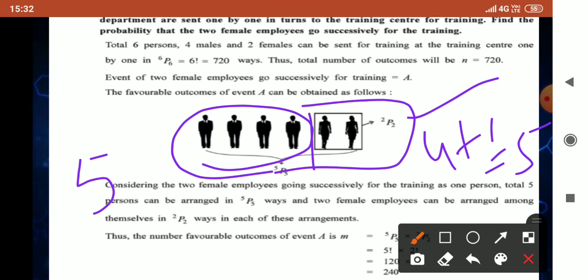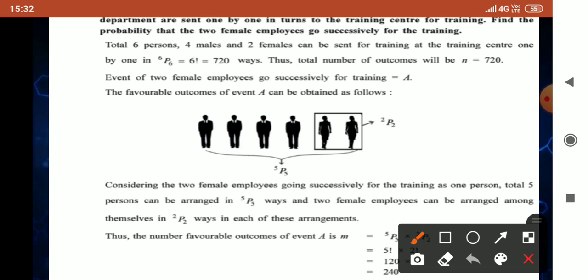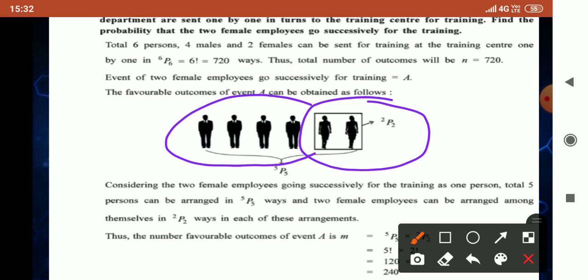So the arrangement can be done in 5P5 ways.